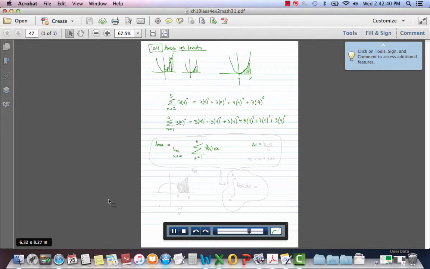Delta x is equal to the width of each one. So if you take b minus a and divide by the number of rectangles, and x i is just starting from your first spot.